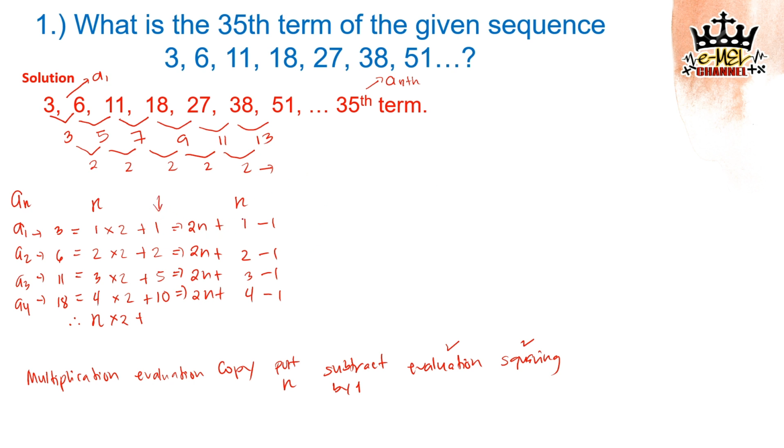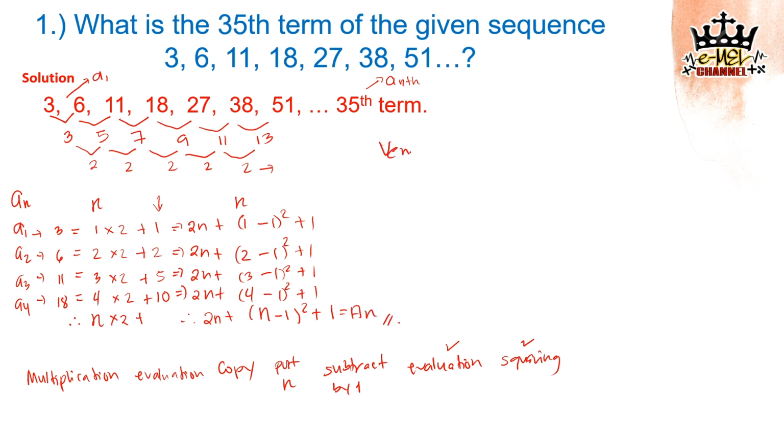In short, we're going to square these rows, and then add 1. Therefore, 2n plus (n minus 1) squared plus 1 will be our formula.